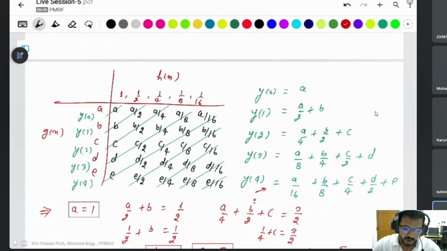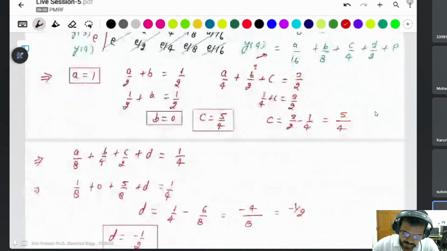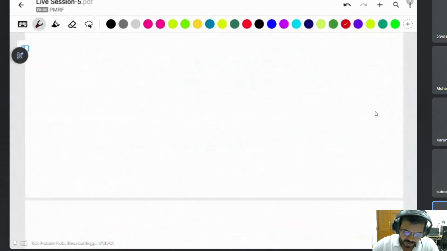I wanted to show you how to find the convolution of the finite time duration discrete signal. Fine, let's start the question.